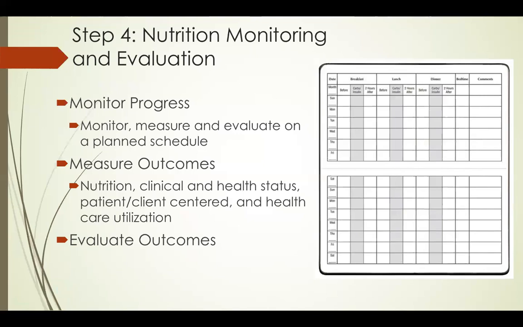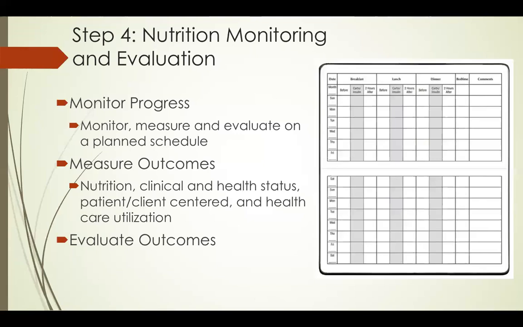So, for example, if my problem was overweight and my sign and symptom or my proof of the overweight was a BMI of 29, if I went back in a month and I measured the person's height and weight and calculated their BMI, and now their BMI is 28, I would say that was a pretty successful intervention that I did.